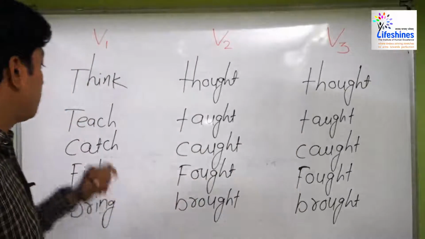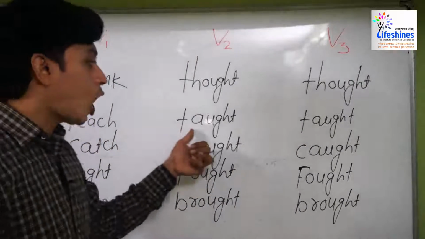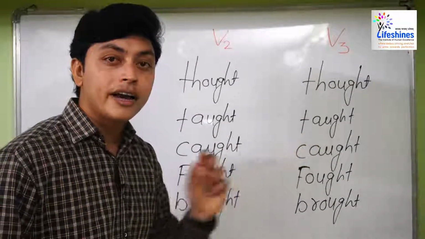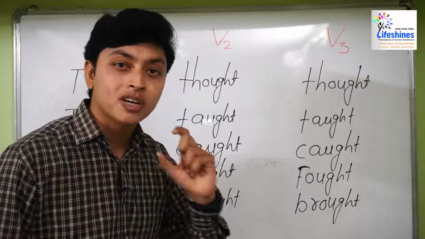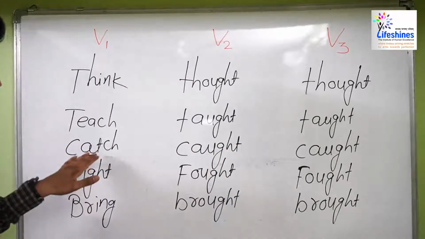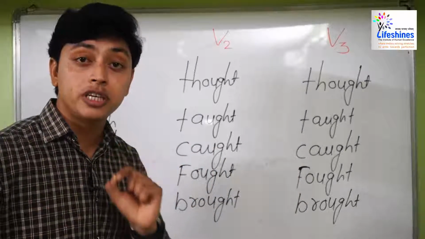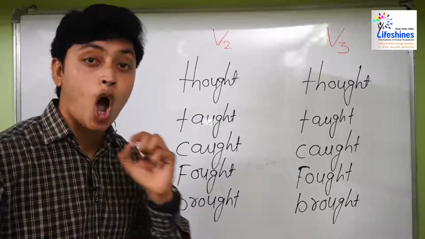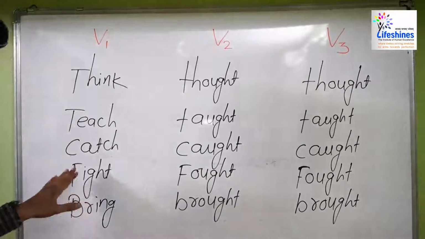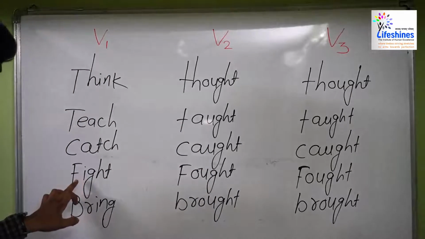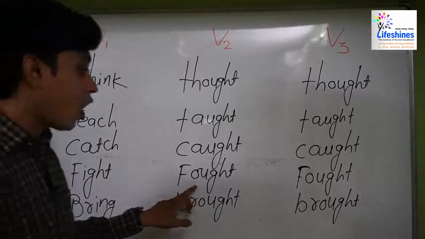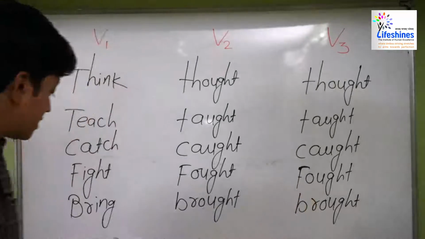Now look at the second verb. Teach, taught, taught. Again there is that sound, ought. Catch, caught, caught. Again you get to see the same sound, ought. One more verb, fight, fought, fought.